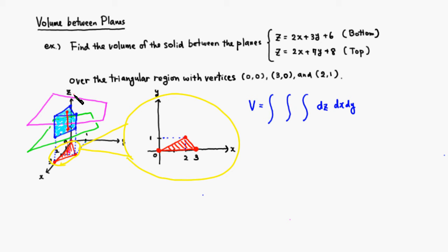So for a fixed x value and y value, it just goes from the bottom plane to the top plane. The bottom plane is z equals 2x plus 3y plus 6, and the top plane is z equals 2x plus 7y plus 8. That will cover that.